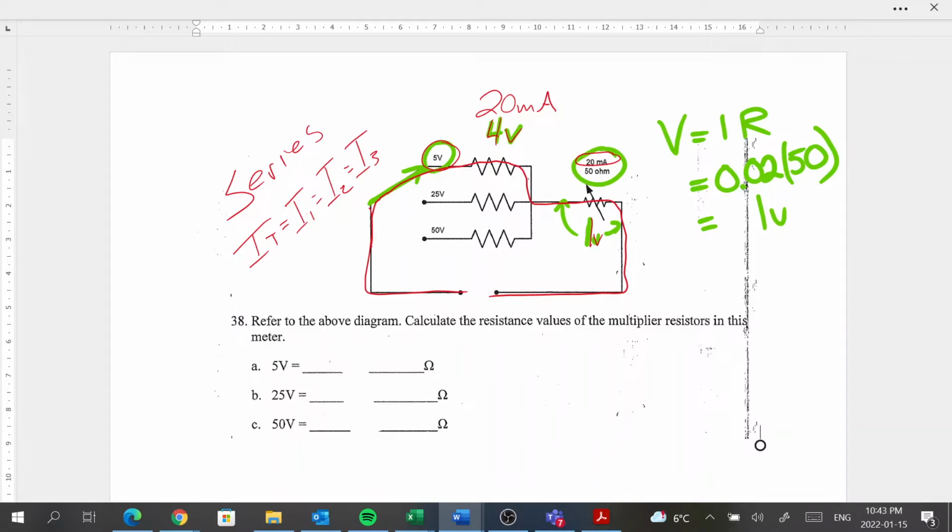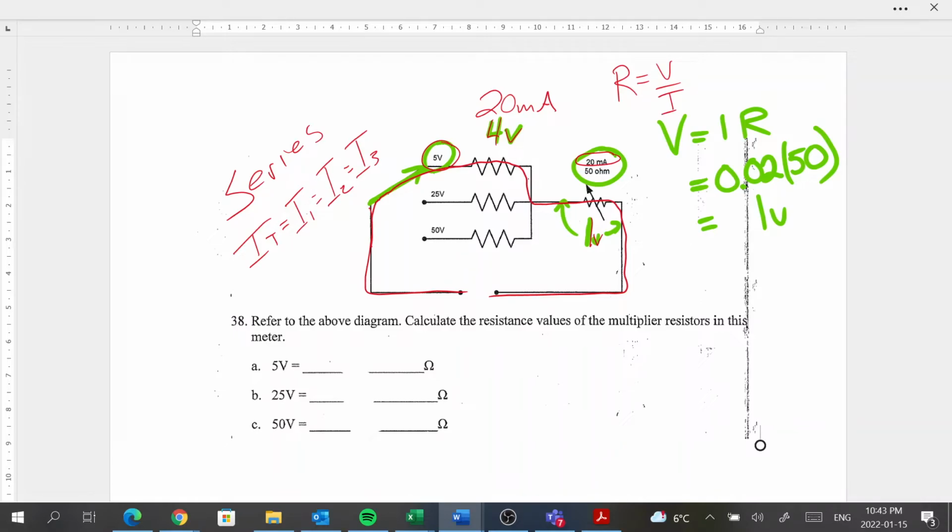Now if we know that there's a 4 volt drop and 20 milliamp current going through it, we can use the variation of Ohm's law to figure out the resistance.